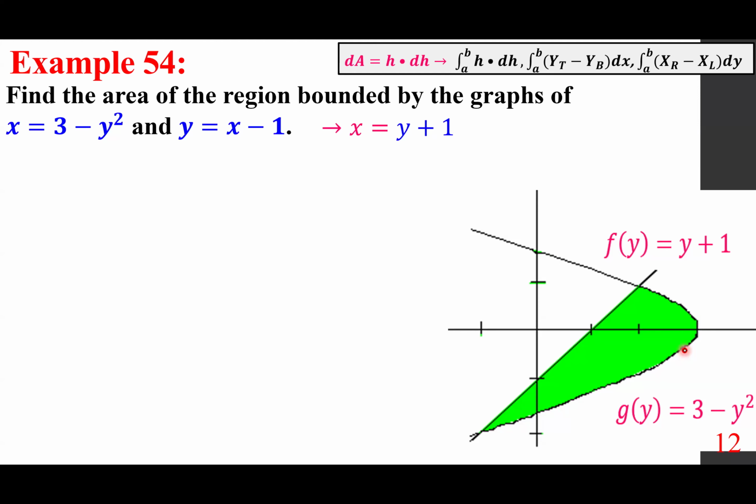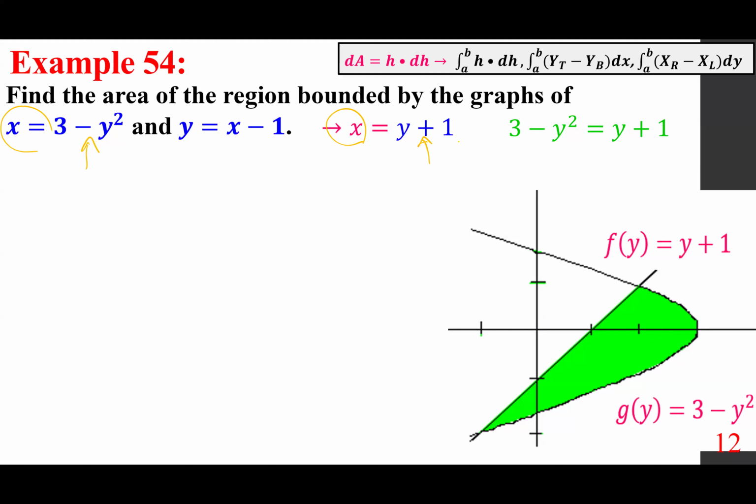We need to find the points of intersection first and foremost. So we are going to set them equal: 3 minus y squared, setting x equal to x, is y plus 1. Please pay attention that this is x, this is x, so this side is equal to this side.